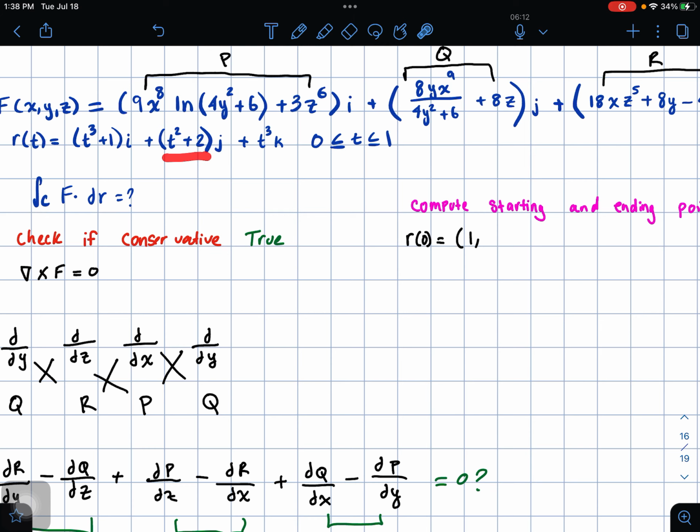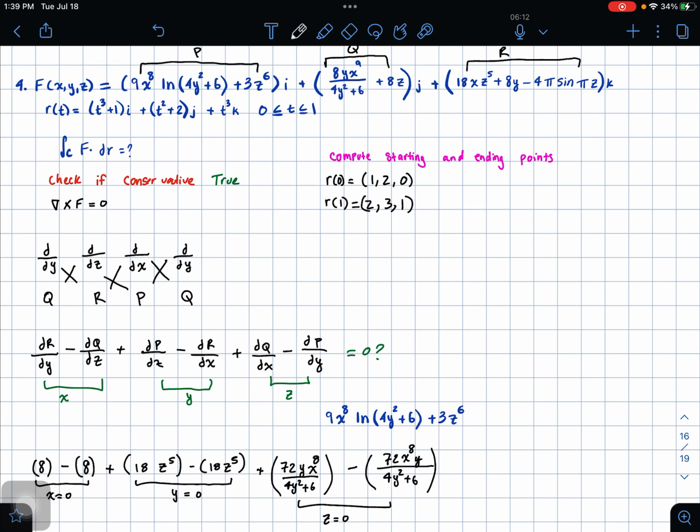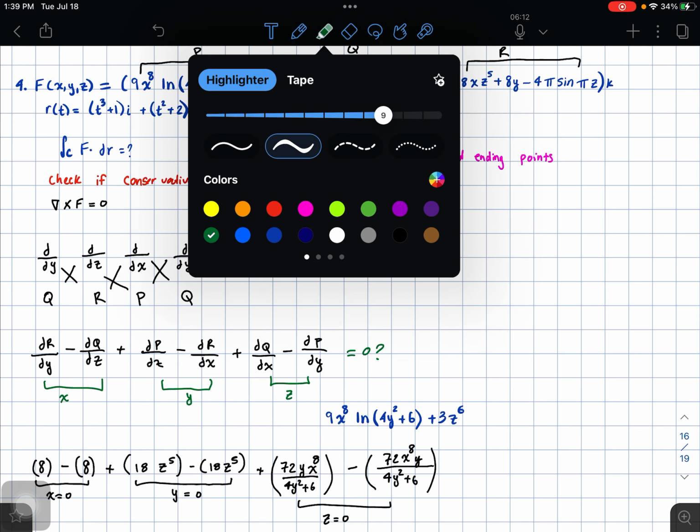This one becomes 2, and this one is just 0. Okay. r at 1. So that would be 1 plus 1, which is 2. 1 plus 2, which is 3. And this one's just 1. Right? Okay.